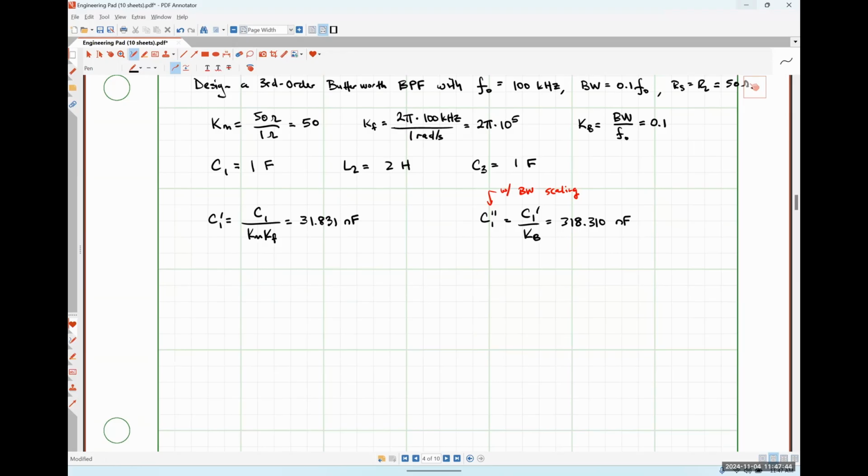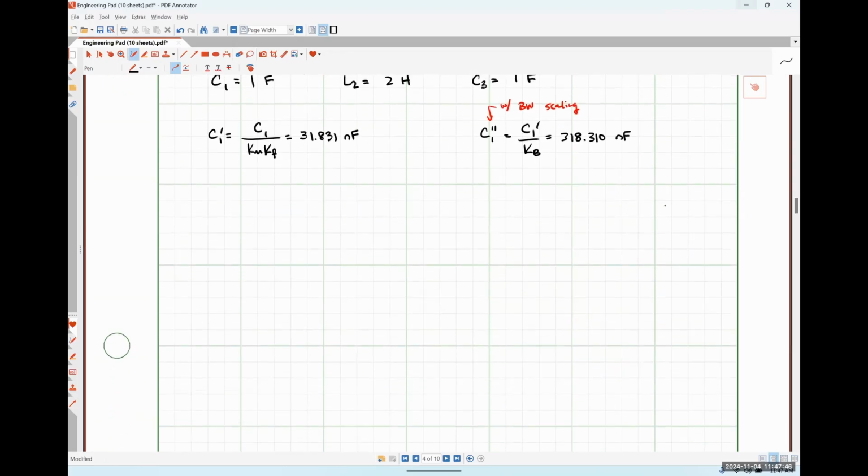I'm going to give myself some space. So let's do L2 prime. Just to be clear here, this would be KM over KF times L2. Plugging in our numbers, this would come out to be 159.155 microhenries, excuse me.